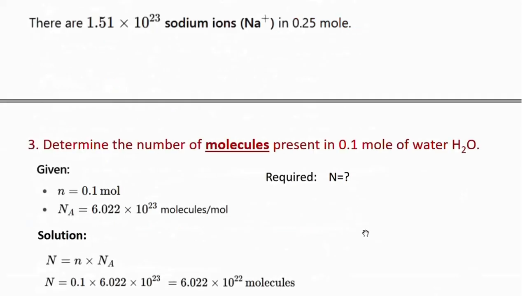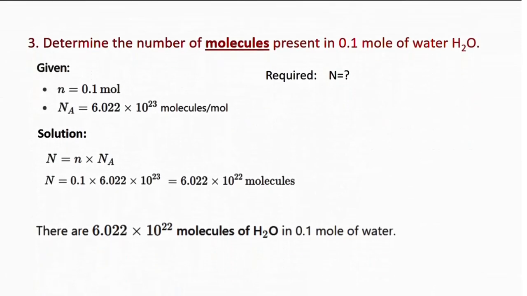The next one: determine the number of molecules present in 0.1 mole of water. In the same way, we have the given information and the required is the number of molecules. We write the formula N equals small n, or number of moles, times Avogadro's number, by substituting the number of moles.